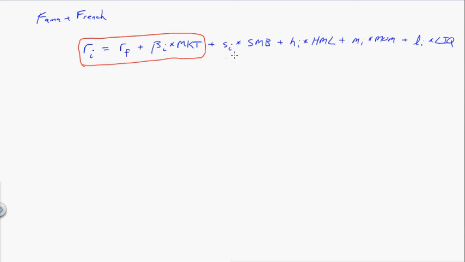Fama and French came along and they added these two terms to make the model better and make R squared go up. And then two other guys separately added these two. So currently the state of the art, the best model we have is this 5-factor model, and getting all these different risk proxies should tell you the return on the individual stock.